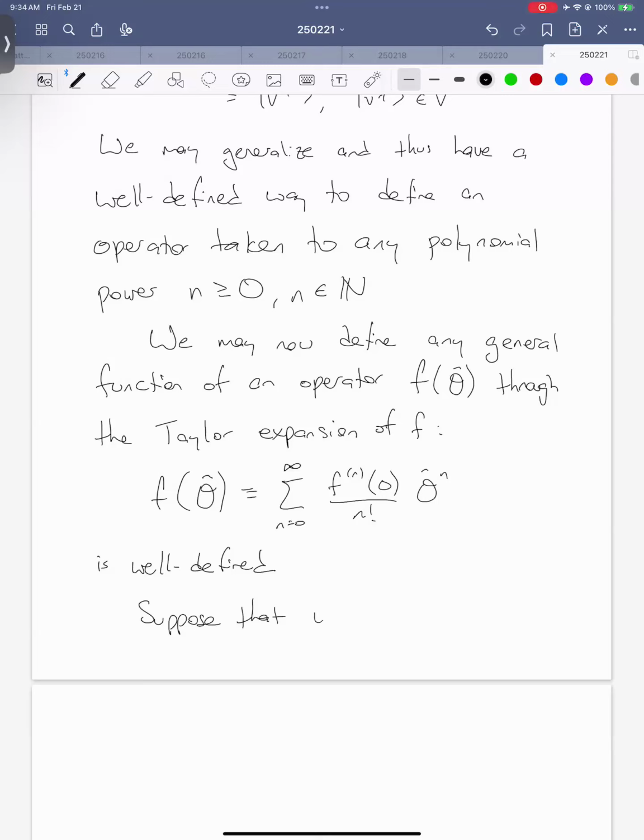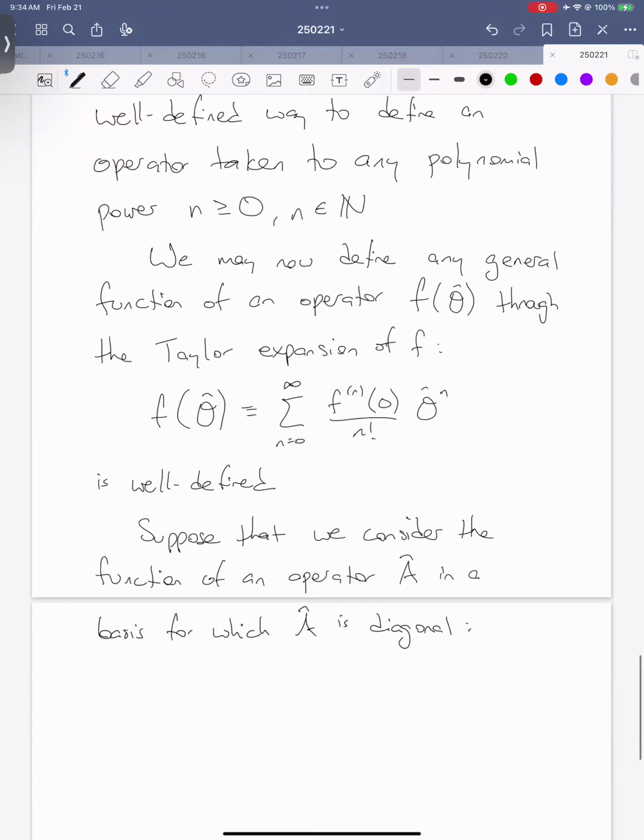So suppose that we consider the function of an operator, say a hat, in a basis for which a hat is diagonal. So we have our f of a hat is our Taylor expansion, and then we have our a hat to the n.